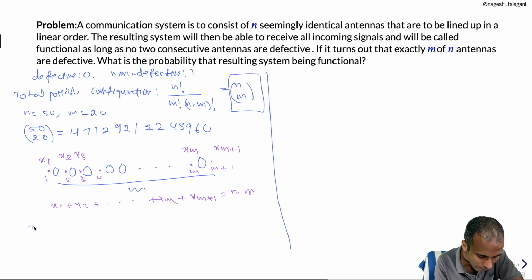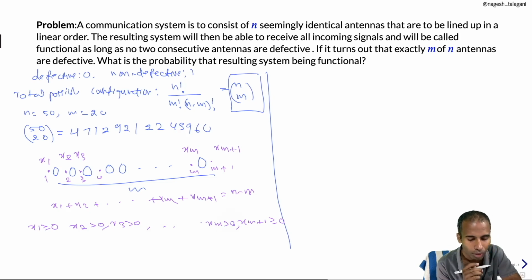So here x1 should be non-negative and xm plus 1 should be non-negative, but x2, x3, so on, xm should be positive. Now we are looking for solutions of this equation where x1 is non-negative, x2 through xm are positive, and xm plus 1 is non-negative.